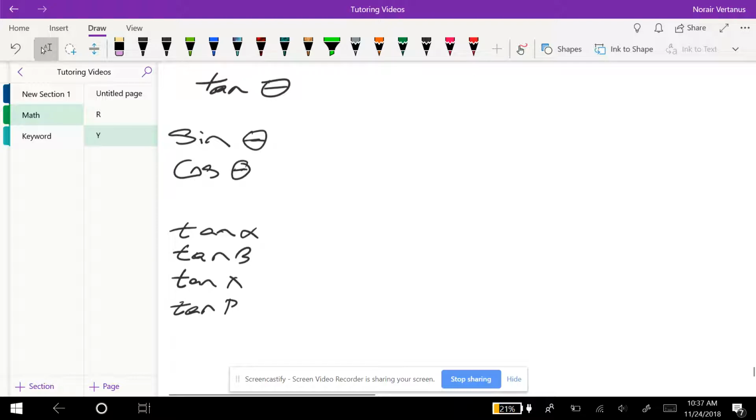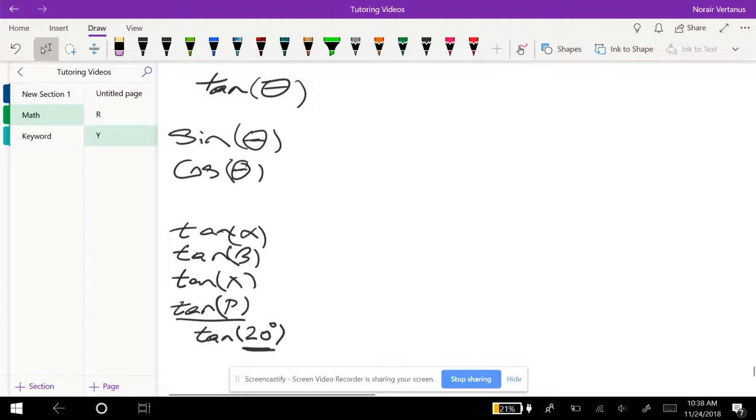All of these are just a variable for an angle. Sometimes they put it in parentheses, sometimes by itself. But most of the time you see just a number, like tan of 20 degrees. So theta is here 20 degrees, or x is here 20 degrees. So this part of the tan stands for an angle.